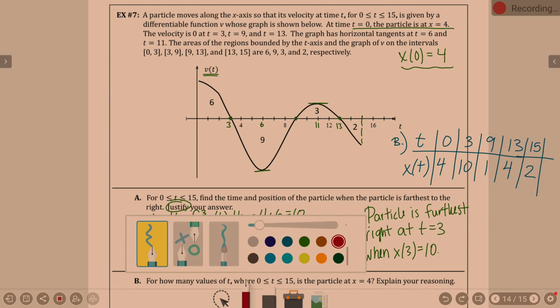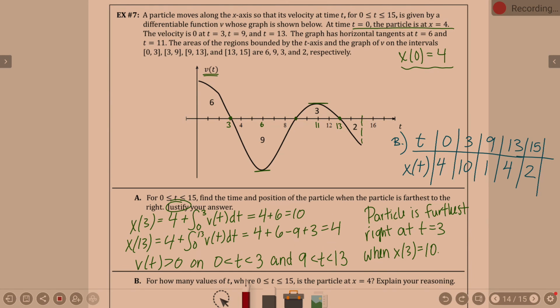But what we have to consider is that this says it is a differentiable function. Go back to first semester. Differentiability means that the graph is continuous. If this graph is continuous, it doesn't just jump from 4 to 10, does it? It hits every value between 4 and 10. It doesn't jump from 10 to 1.